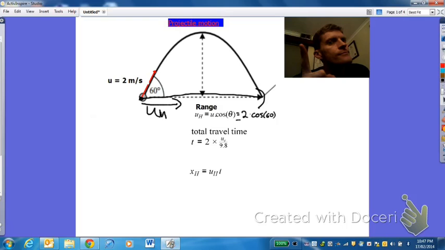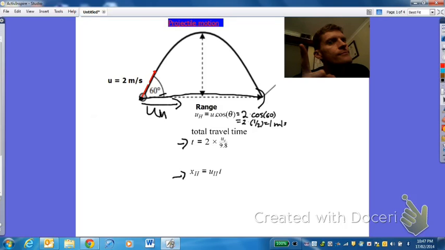Cos of 60 is a half, so 2 lots of a half is 1 meter per second. Nice number. Okay, so that's a nice convenient number to help us with the other parts of our problem.